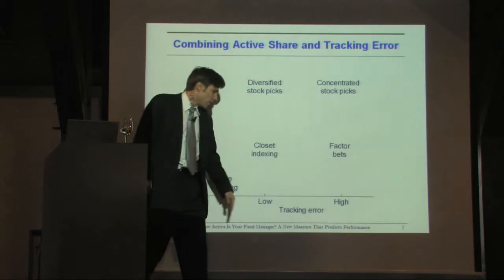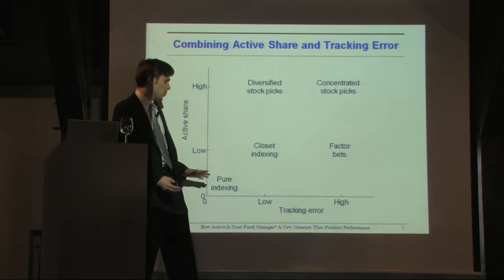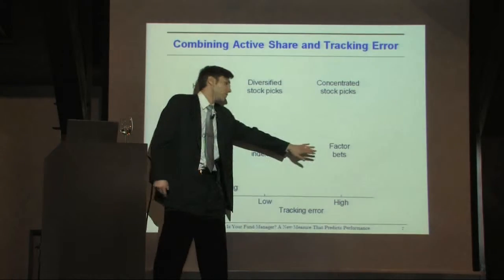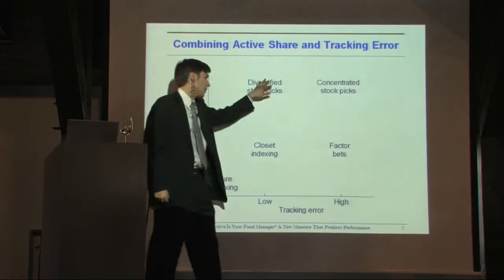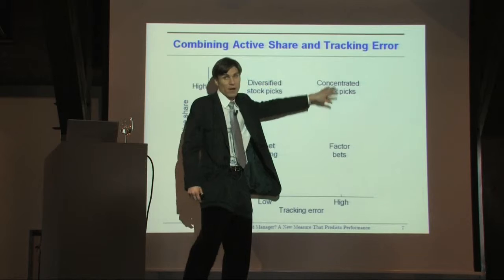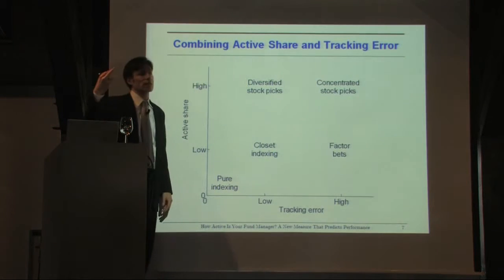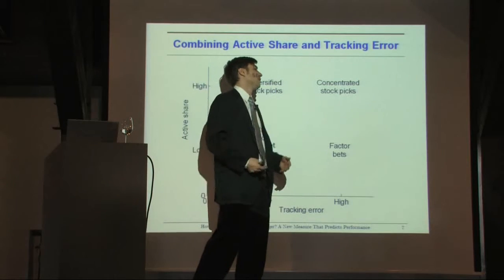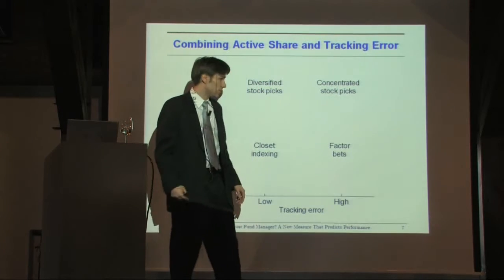So just to recap, I talked about a couple of labels here: tracking error and active share, and the factor bets and diversified stock pick labels. Of course, a fund can do both. A fund can both select individual securities as well as take sector bets relative to the benchmark index.